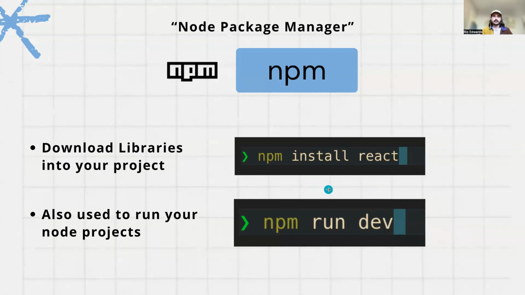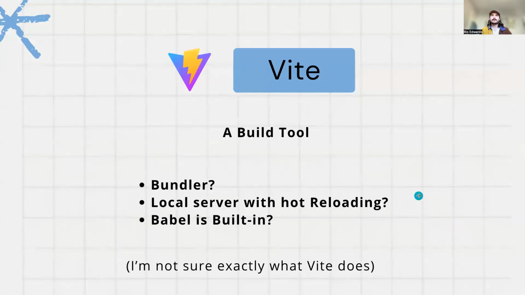Well, sometimes we do. Depends on, you know, who you are, how much you like doing everything yourself. But yeah, npm helps you use other people's code. And to run your code, if you are using other people's code, you need to use npm to help you run your code. So this is the command you run to run your React project.